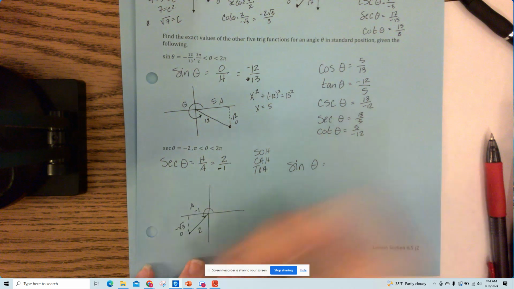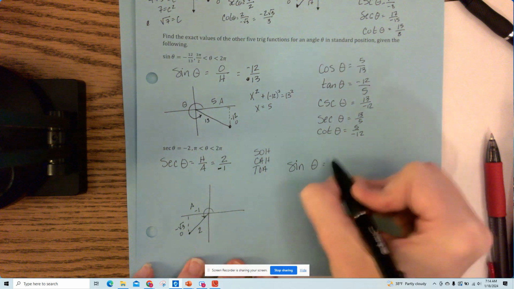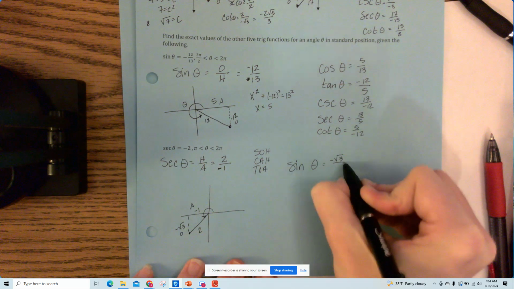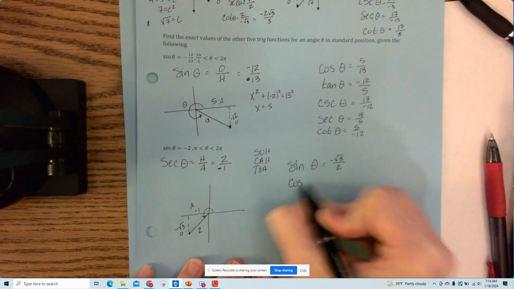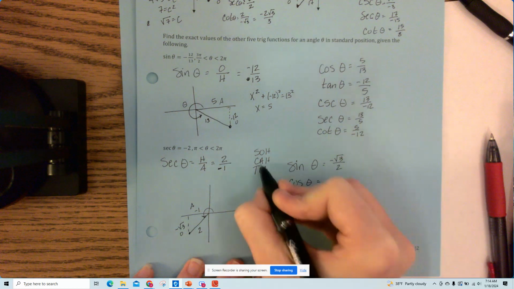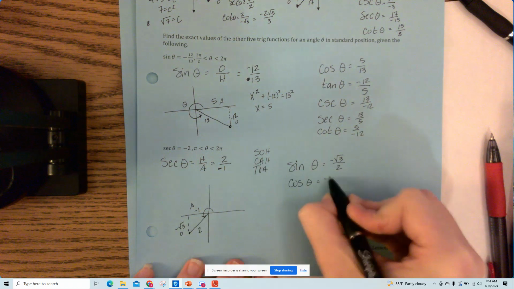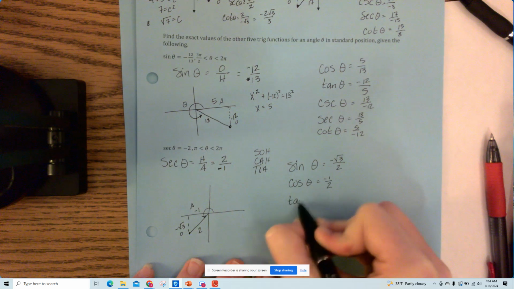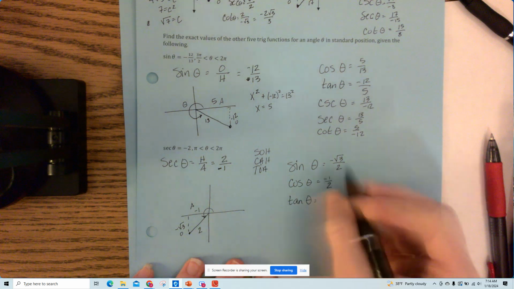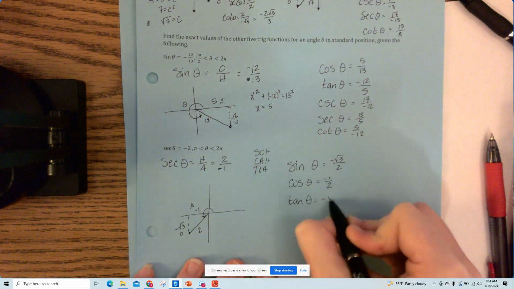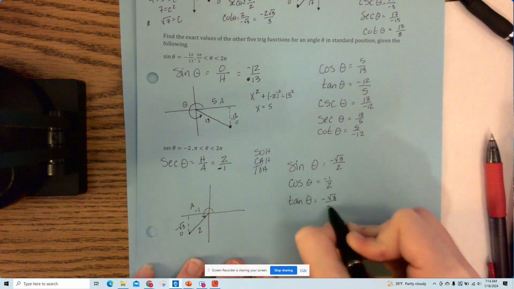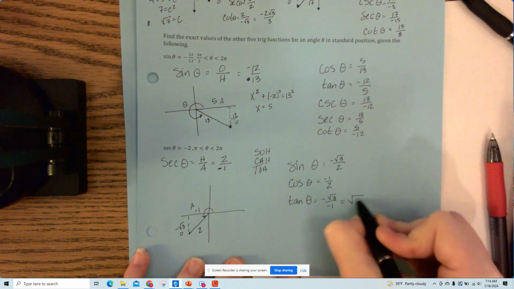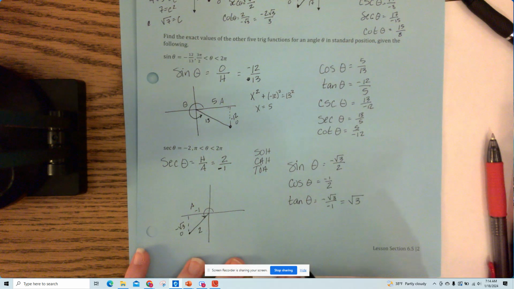So sine is going to be the opposite, negative square root of 3 over the hypotenuse. Cosine of an angle, adjacent, so negative 1. And then tangent of the angle is going to be the opposite, negative square root of 3 over negative 1. That just simplifies to a positive square root of 3.